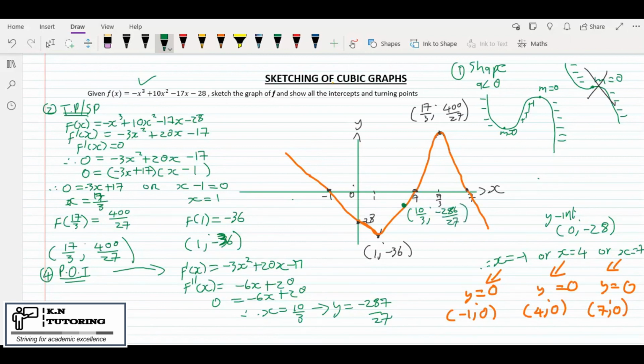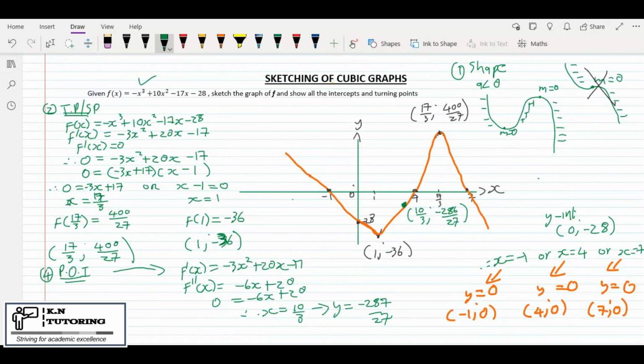It's a point in the middle, where your graph changes from concave up to concave down, or concave down to concave up. That's your point of inflection. But remember, it was not asked for in this question. I was just showing you what it is and how to determine it.